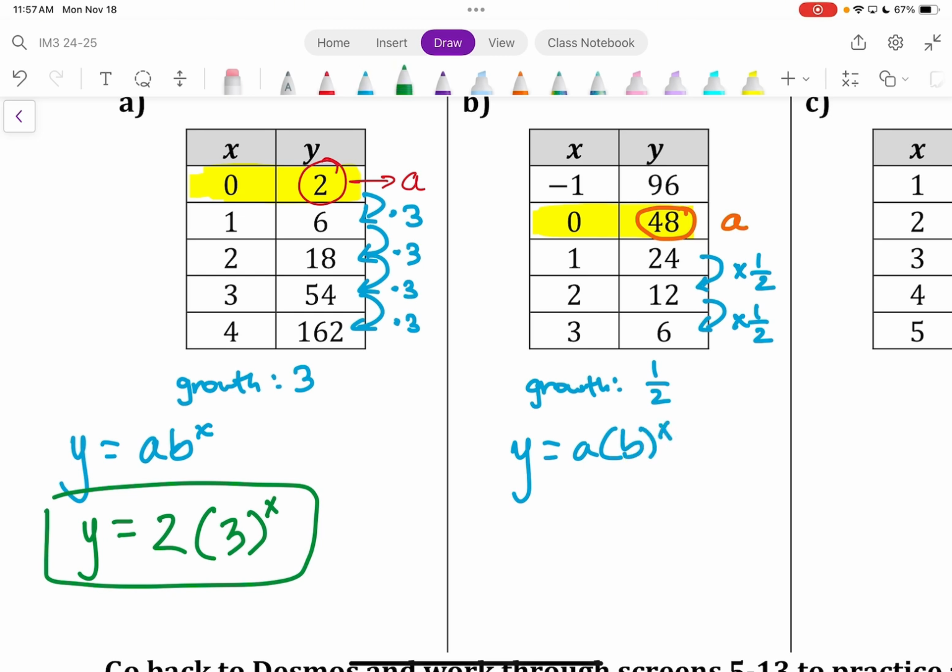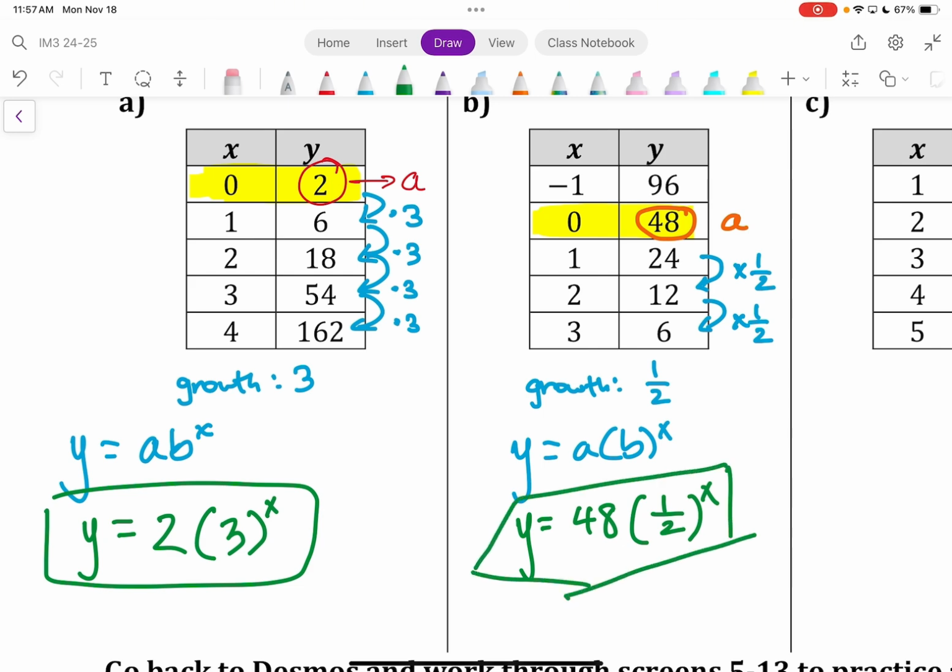Well, I know that a is 48. My starting value is 48. And my growth factor, or in this case, my b value, my base, is a half. So my solution is y equals 48 times 1/2 to the x power.